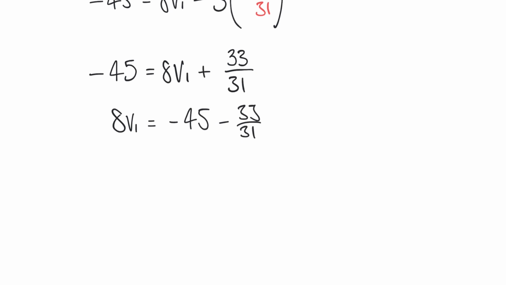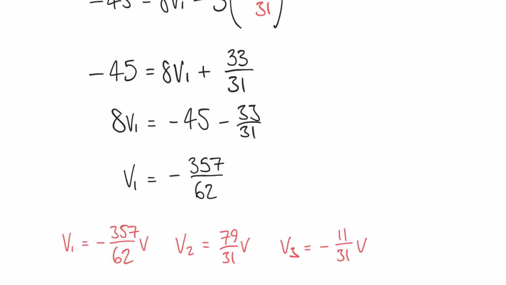And that means that V1 is equal to minus 357 over 62. So we finish this exercise now to say that V1 is equal to minus 357 over 62 volts. V2 is 79 over 31 volts. And V3 is minus 11 over 31 volts.